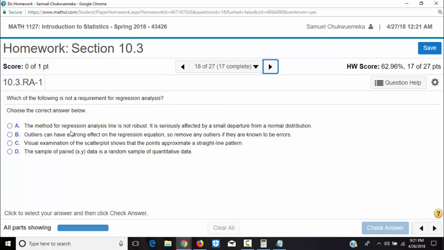Okay, we are done with the calculations. Which of the following is not a requirement for regression analysis? The method for regression analysis line is not robust. It is seriously affected by a small departure from a normal distribution.